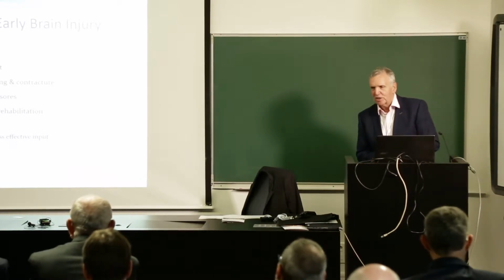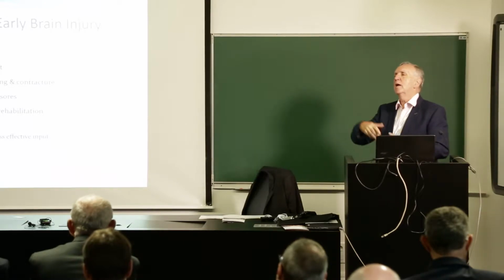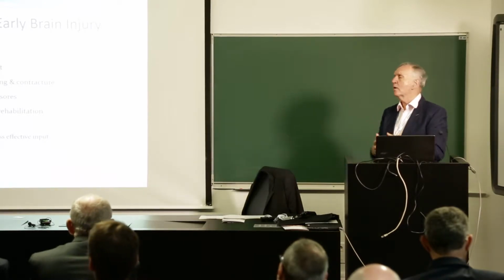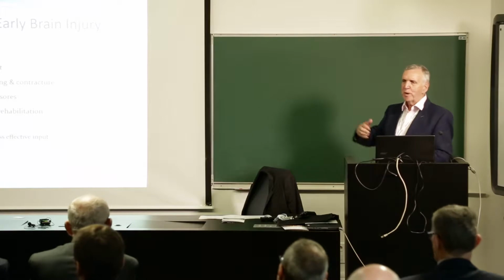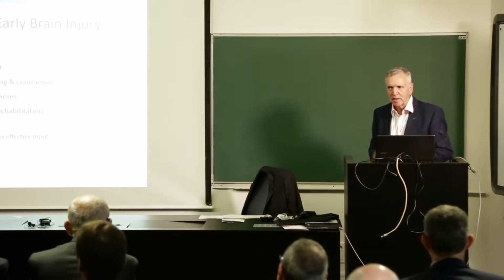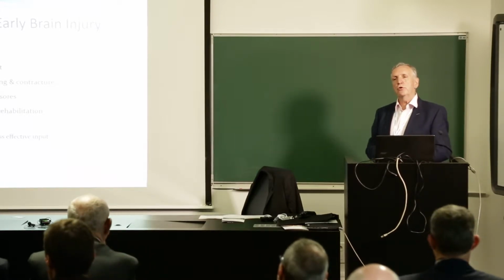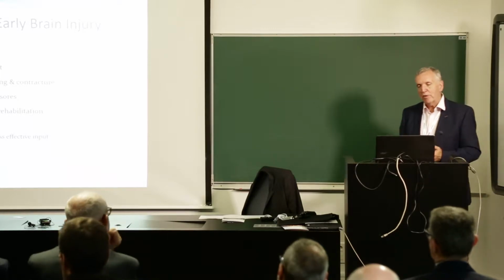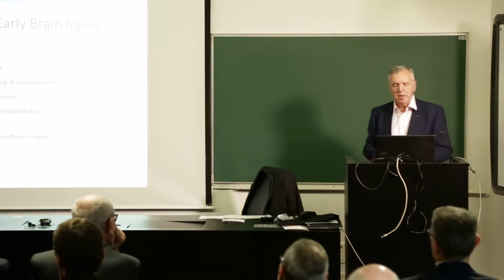Now, when you think about spasticity and how it is formed, this is perhaps not true spasticity. This is what I would call acute muscle shortening, which very readily leads to contracture formation.